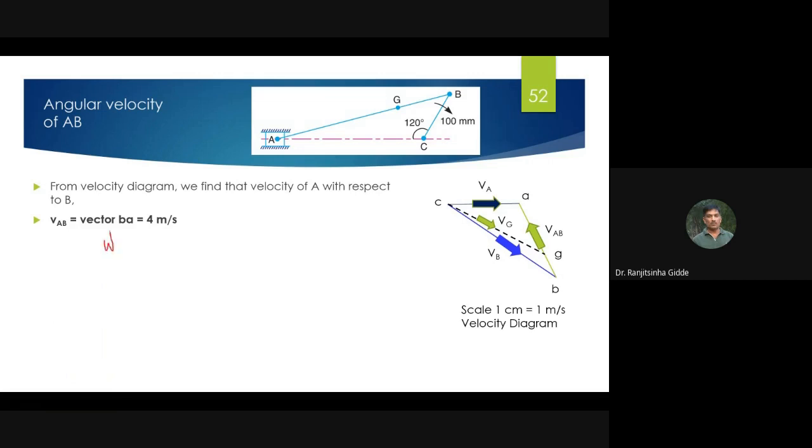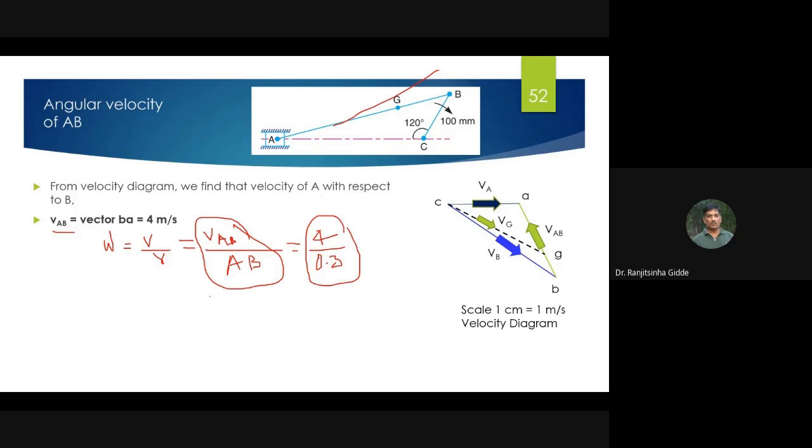Okay. Now, how to find out the angular velocity of AB? So you know omega is equal to V divided by R. So again we can write VAB divided by R, which means this link length. So here 4 divided by this.